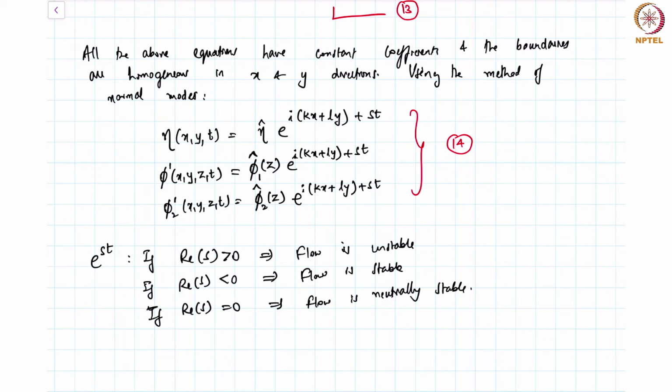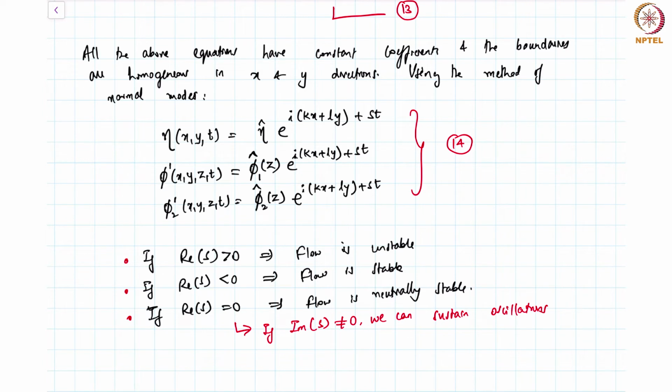Further, when you have the neutral condition, I have three cases here. In this condition, if the imaginary part of s is not equal to 0, if it is non-zero, then we can sustain oscillations.